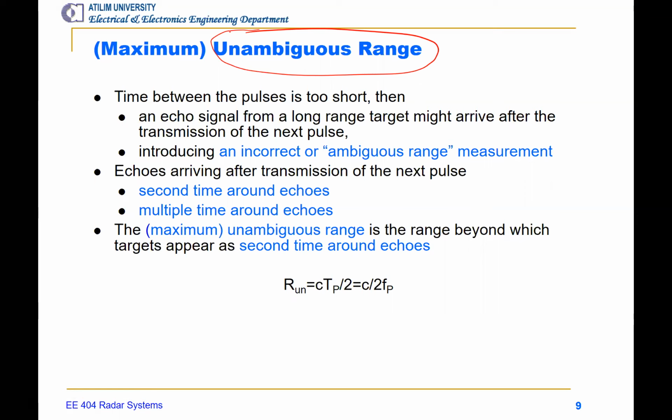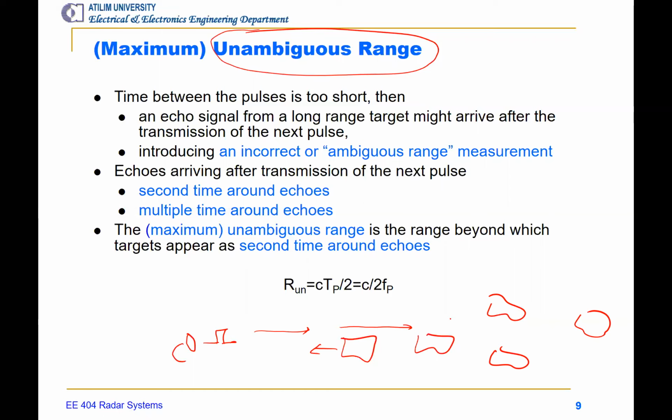Now let's consider a radar system. We transmit a pulse, and there is an object here, and another object here, here. When I transmit this pulse, it travels and hits this object and returns. And it continues. The energy is going through in that way and hits this object and then returns. It continues again, hits this object and returns, continues and then hits this object and returns.